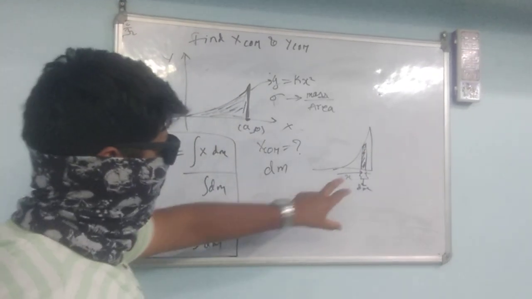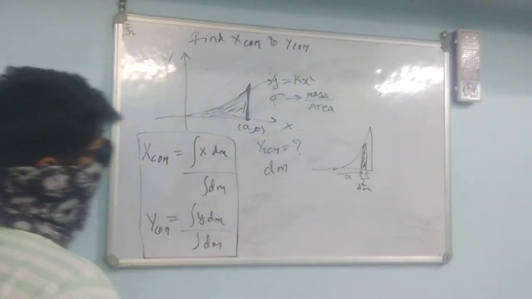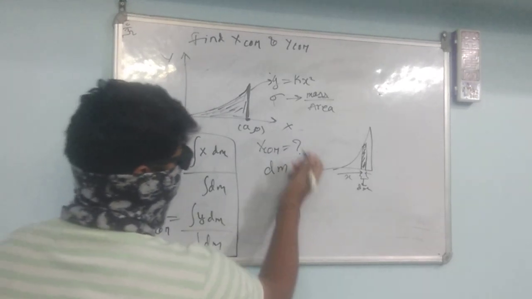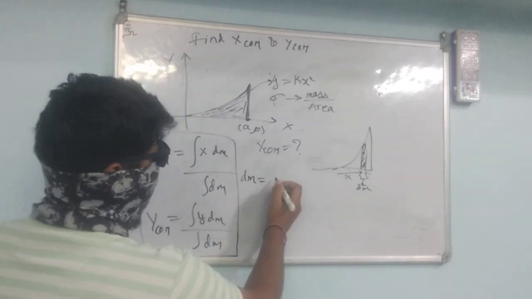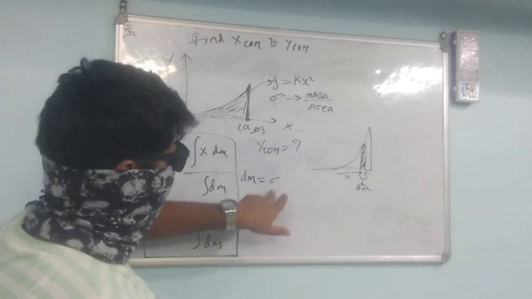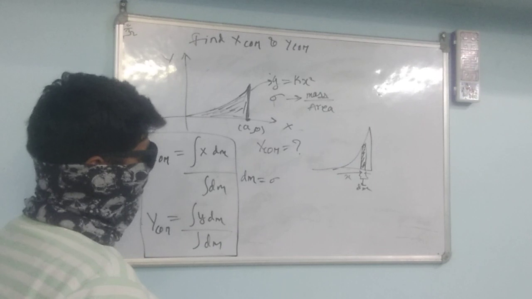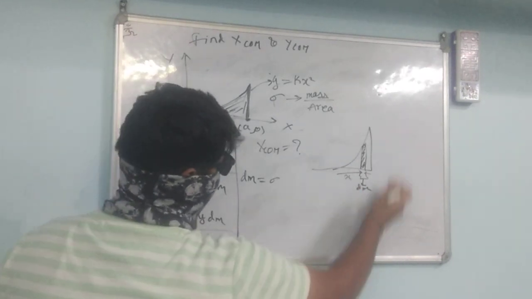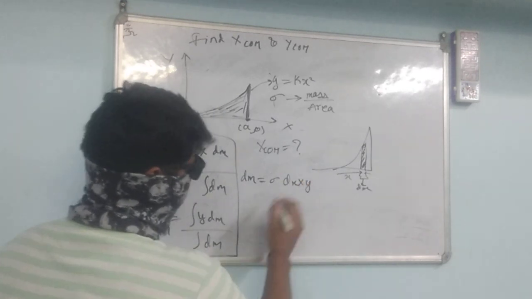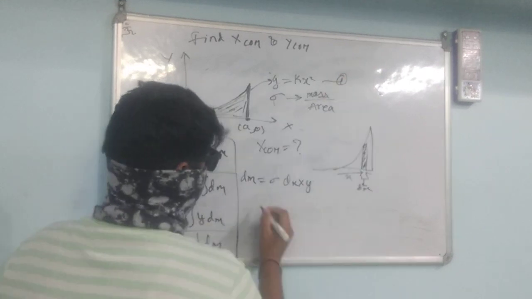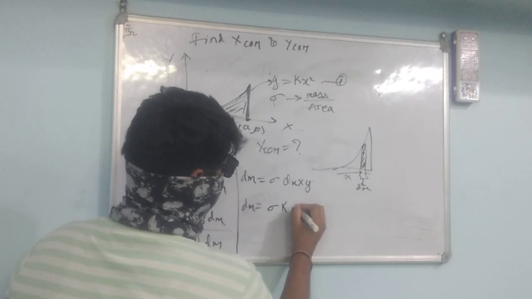We will assume a small piece at x distance of dx width, and dm is equal to sigma, the mass per unit area, times the area of this portion. This is a small piece. As we know, area is width into height, so this will be dx into y. So putting y from this equation, we get dm is equal to sigma k x squared dx.